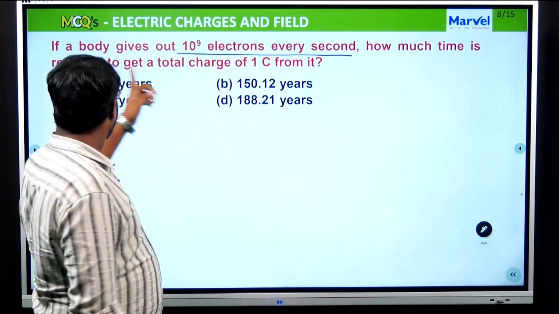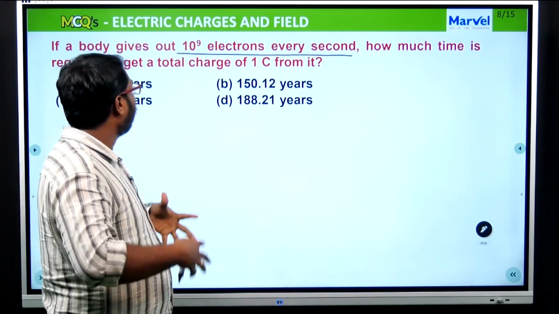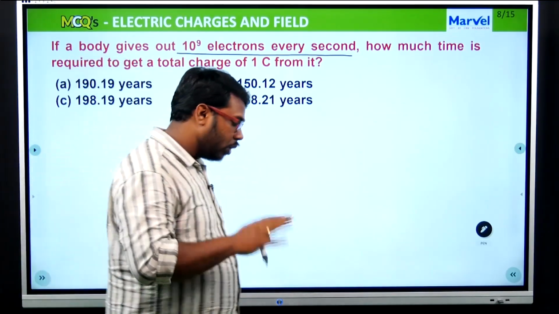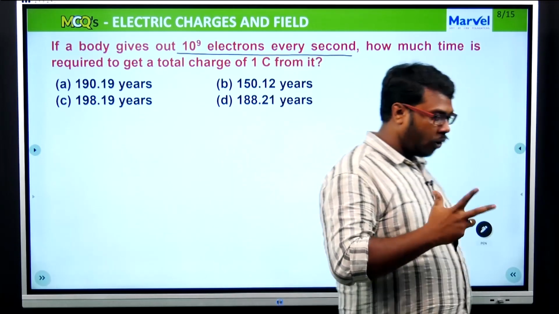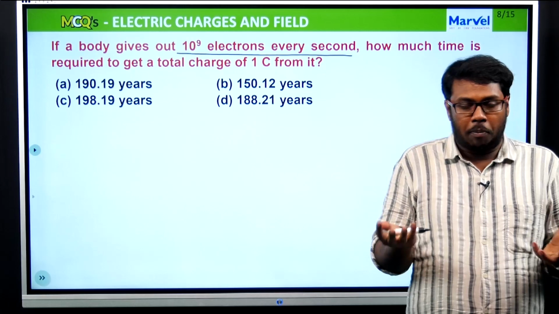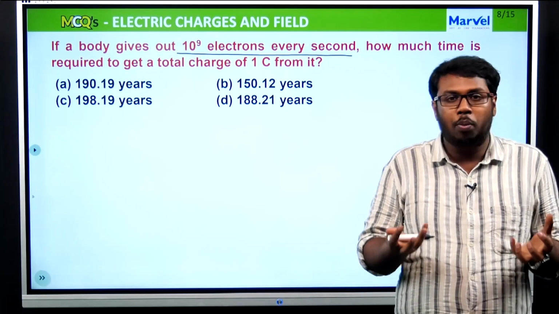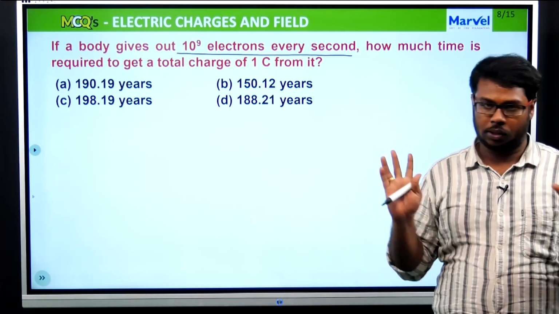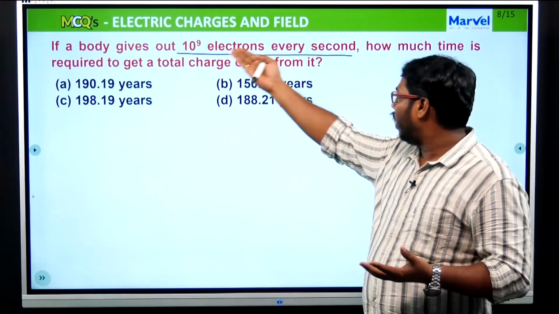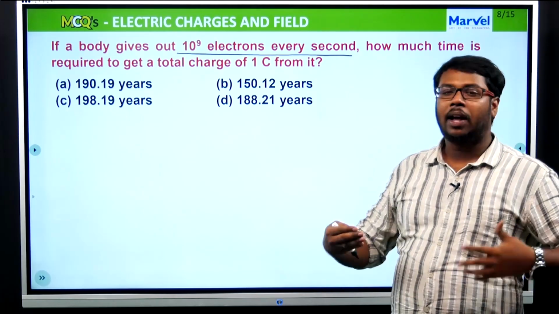How much time is required to get a total charge of 1 coulomb? First I am going to find the number of electrons required to make 1 coulomb, and then I will divide the whole thing and find the answer.